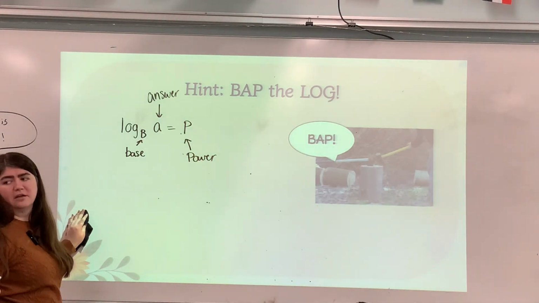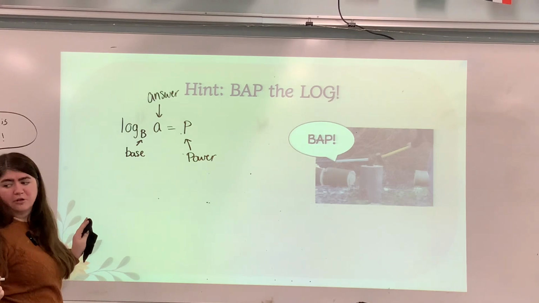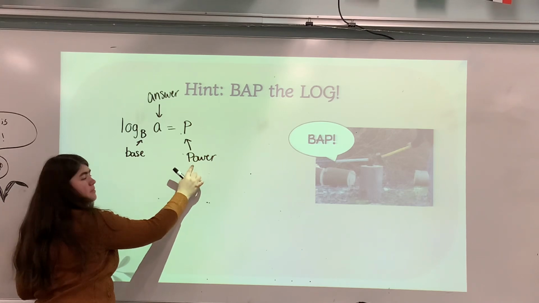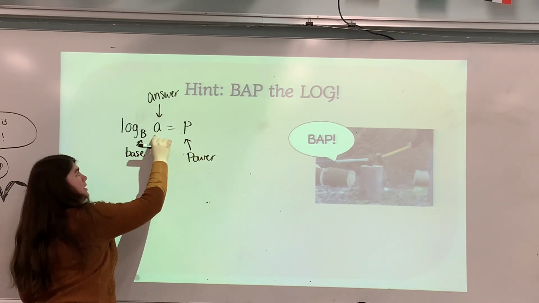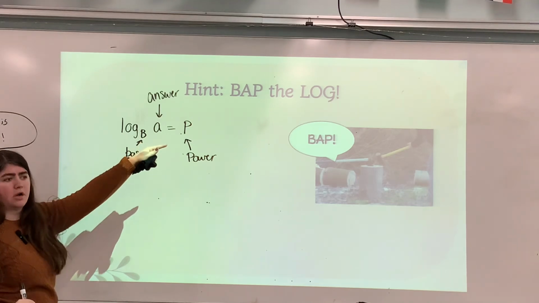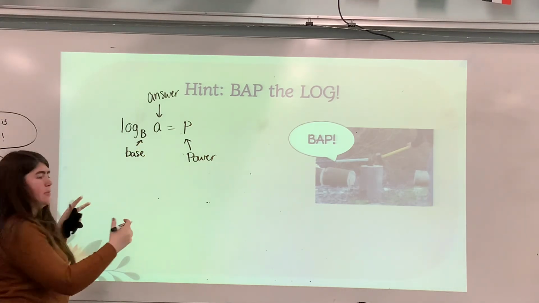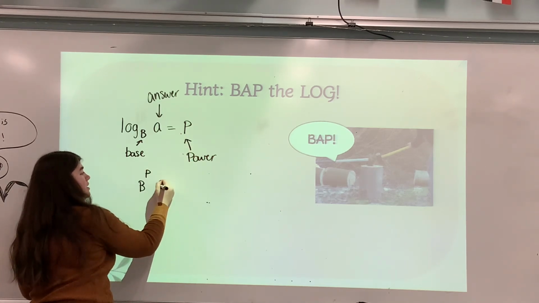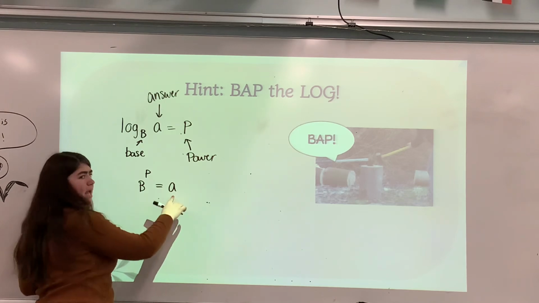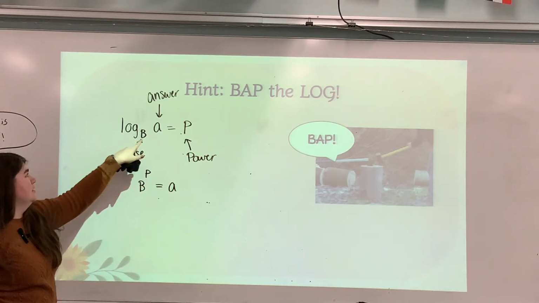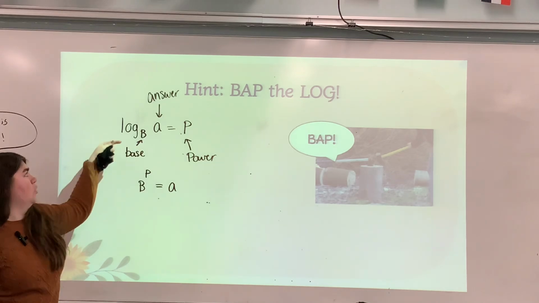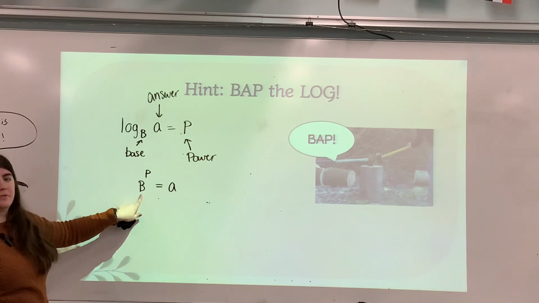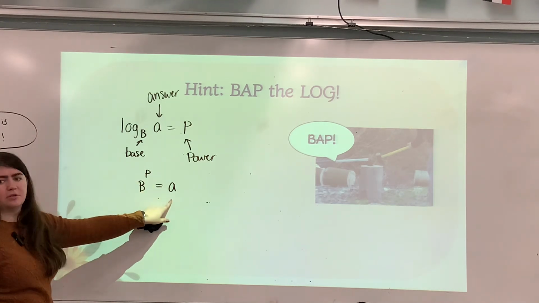This is just additional that I'm putting up here. If you want to write a note for yourself, you can. So log base of answer equals power. So BAP, B-A-P in log form, that's the order it goes. But then in an exponent, the base, B, of the power, P, is equal to the answer, A. So BAP is the log form order. Base, answer, power. Exponential, base of the power is equal to the answer.